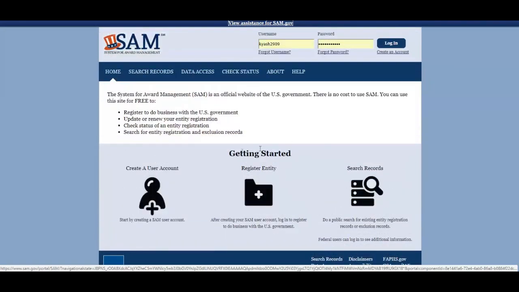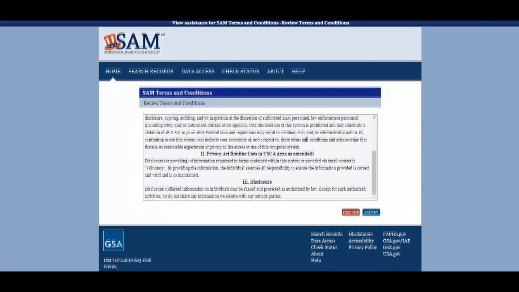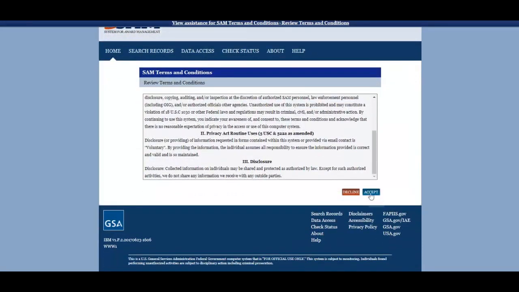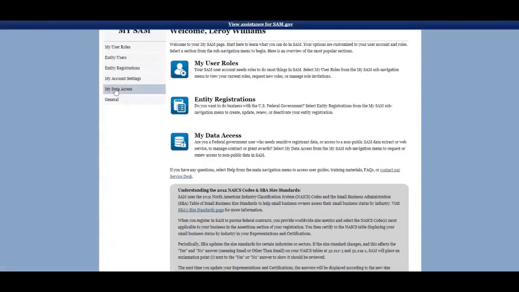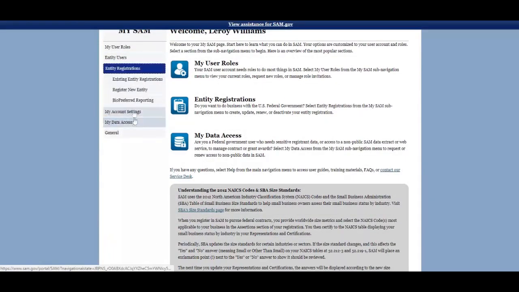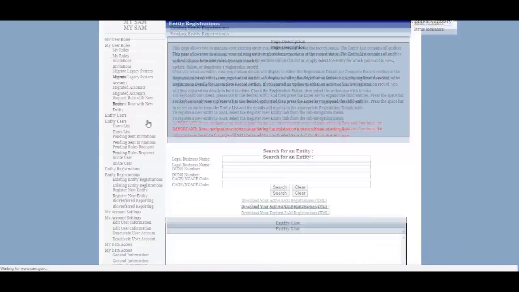Not quite sure what happened there. We're back to the login page, so we're going to hit accept. Let's go back to entity registrations, existing entity.